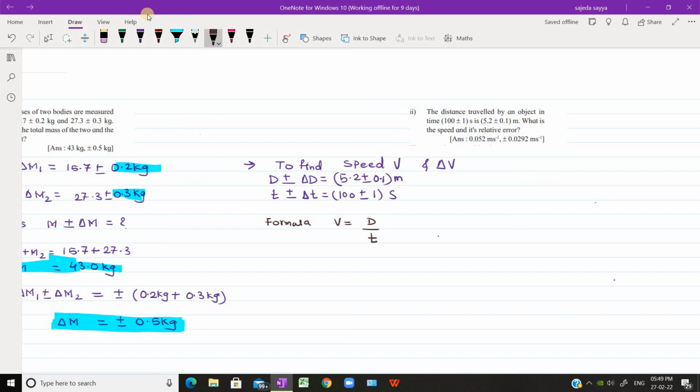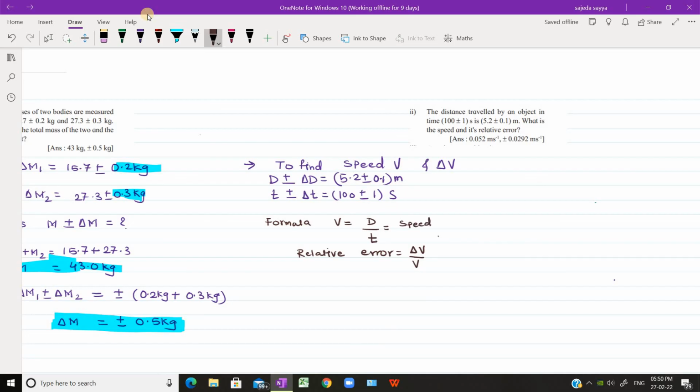Relative error is equals to delta v by v. This is nothing but speed.